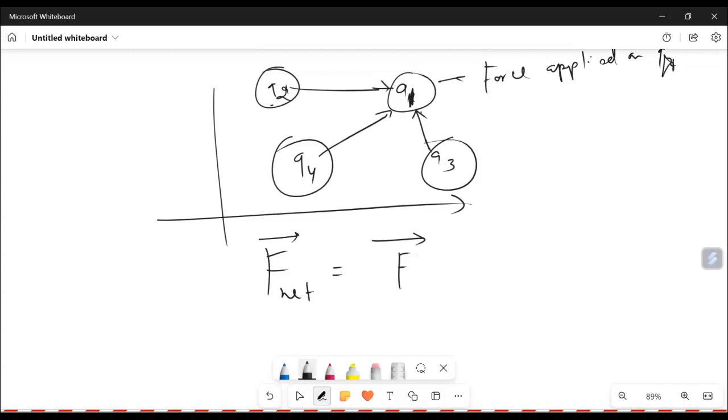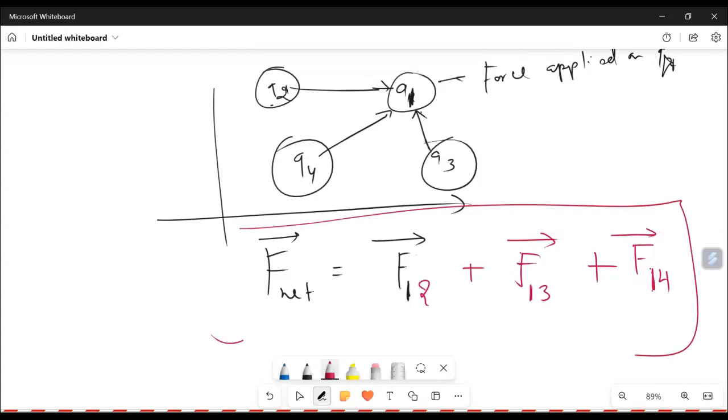So the force on the first charge due to the second charge plus the force on the first charge due to the third charge plus the force on the first charge due to the fourth charge. So it is a vector sum of all the forces. How can we figure it out? These forces, with some examples, we are going to discuss in the next video.